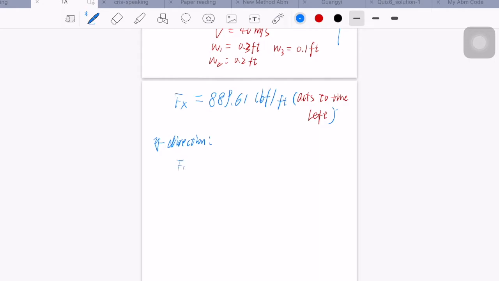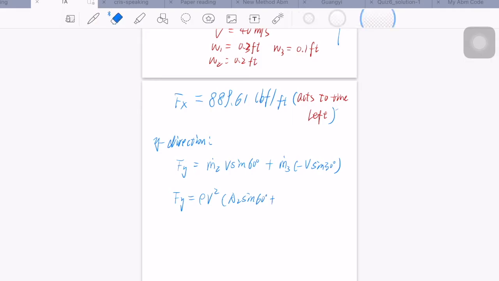We have Fy equal to m2 dot times v times sine 60 degrees plus m3 dot times minus v times sine 30 degrees, and Fy equals rho v squared times A2 times sine 60 degrees plus minus A3 times sine 30 degrees.